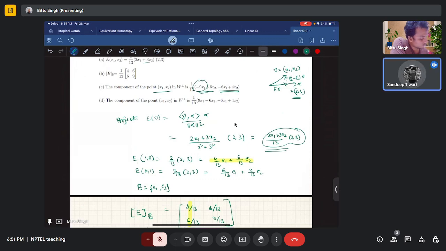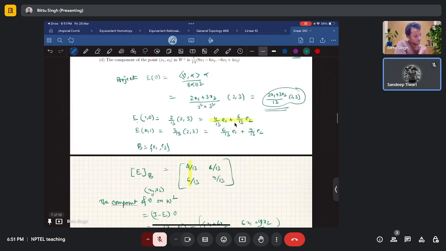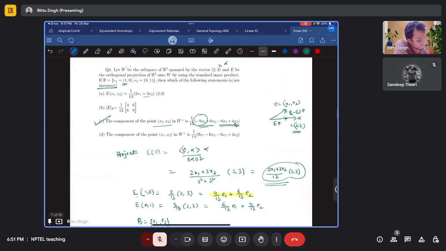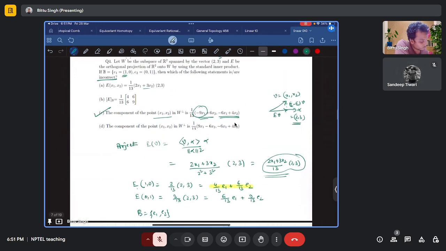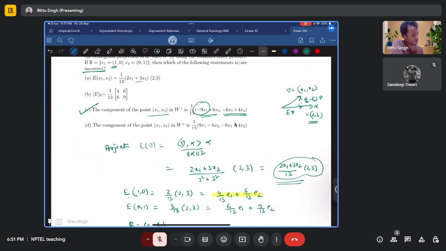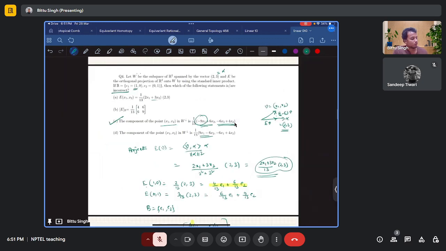The last one is matching, but C is not matching. So this is incorrect, therefore this will be the right choice. We need to find the incorrect option. The last option is already correct, there is no sign issue.